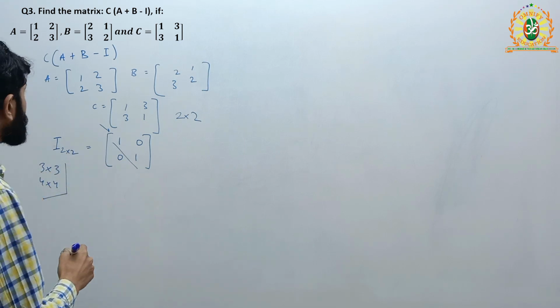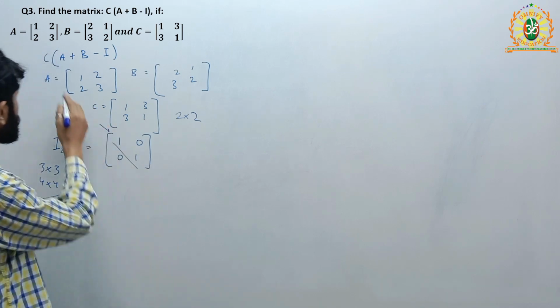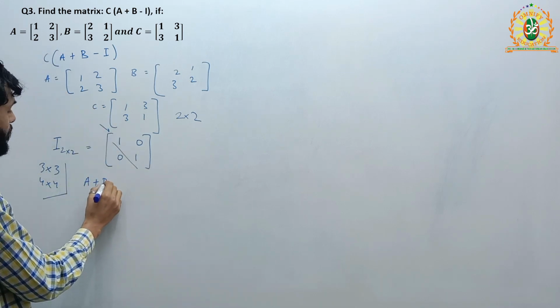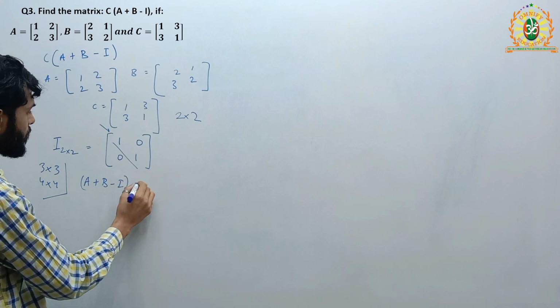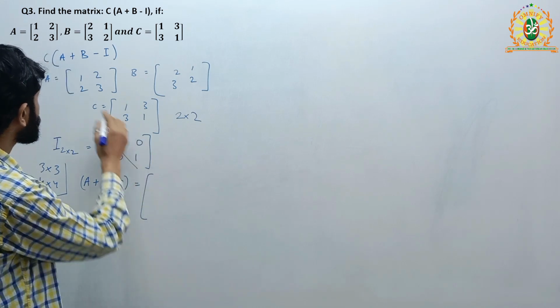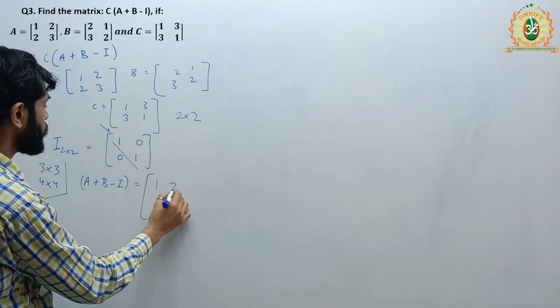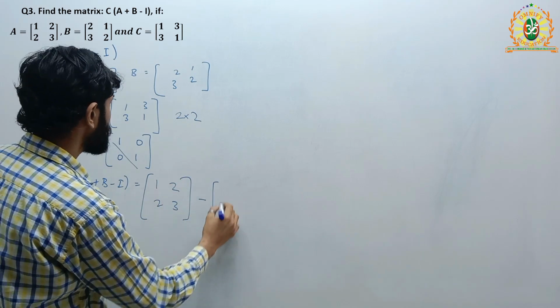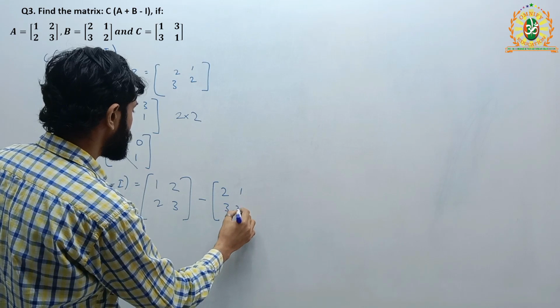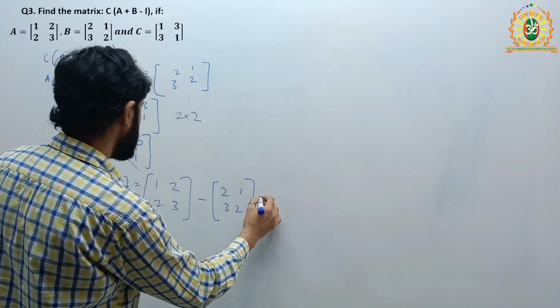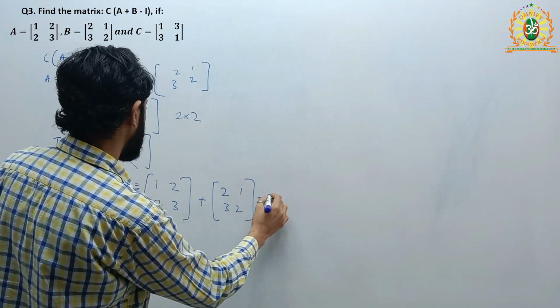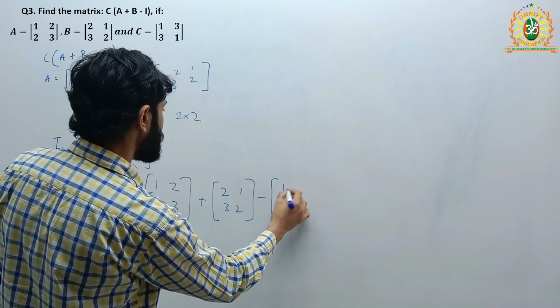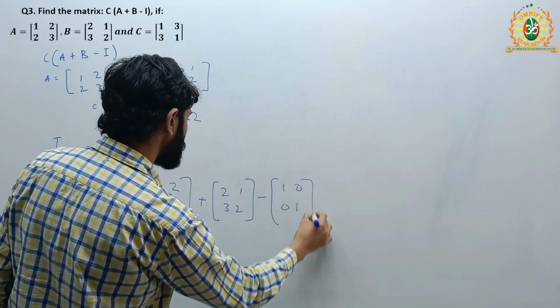So now coming back to the question, on solving A plus B minus I and writing the given values, we get 1 2 2 3 plus 2 1 3 2 minus 1 0 0 1.